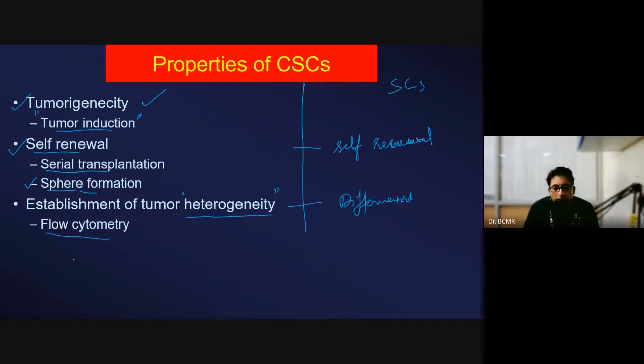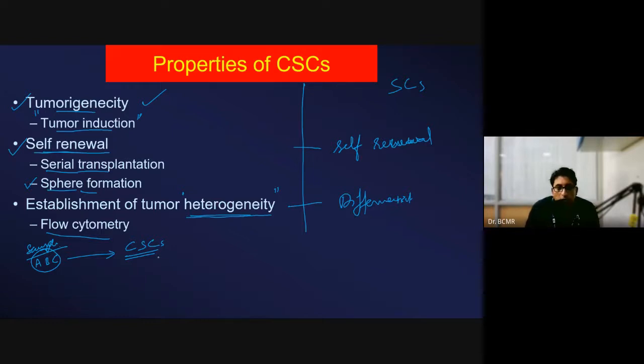The point of this slide, why we are learning about properties, is, if somebody gives you a sample of tumor and says it has three different cell types A, B, C, and the question is, if you want to prove if any of these cell types are cancer stem cells, one should then be able to establish the tumorigenicity, the self-renewal capacity, and the ability for tumor heterogeneity.